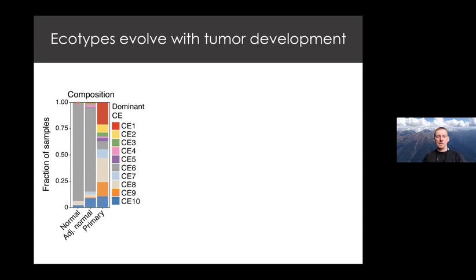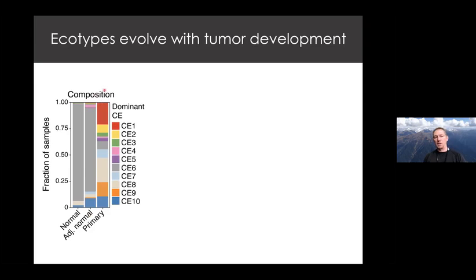But you can see that's the prevalent ecotype in completely normal tissue from somewhere like GTEx. As you go to adjacent normal samples, which come from the region of a tumor, you can see there's starting to be somewhat of a shrinkage of this normal ecotype, and we begin to see the emergence of some cancer or tumor-specific ecotypes, as well as some immune response.